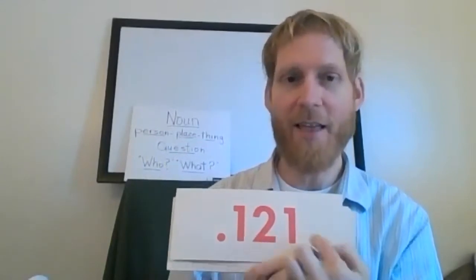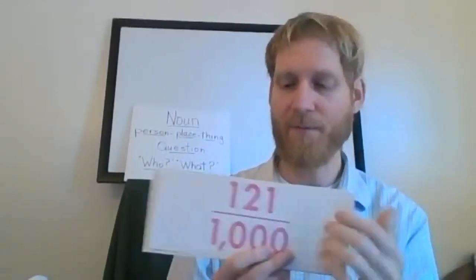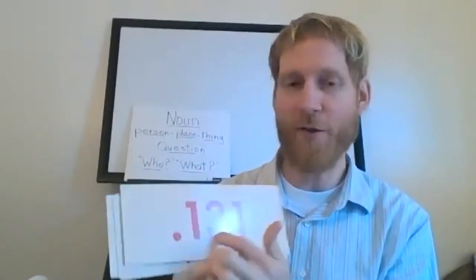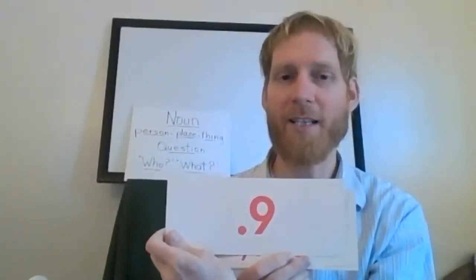Tenths, hundredths, thousandths, right? 131 thousandths. 0.131 written as a decimal. 9/10. How would you write that as a decimal? 0.9. 11 thousandths. How would you write that as a decimal?